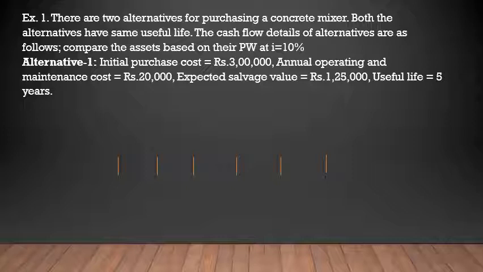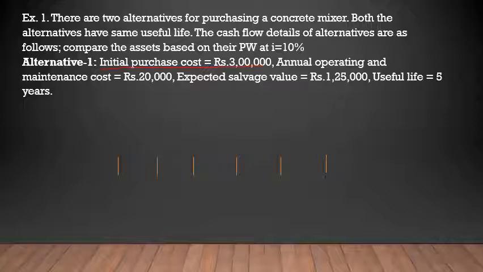Okay. Before you start any problem, I have been telling you that first identify whether that particular cash flow given is A or P or F. That will help you to establish the relationship and identify which factor must be used. So let us go one by one. First we have initial purchase cost of rupees 3 lakh.